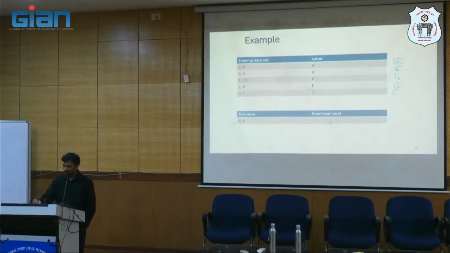If you go into our visual plot, 3,8, which is the test point, is somewhere here. Where is 2,9? 2,9 is a faulty point, it will be somewhere here. 1,10 somewhere here.